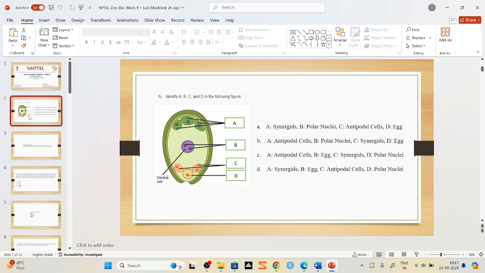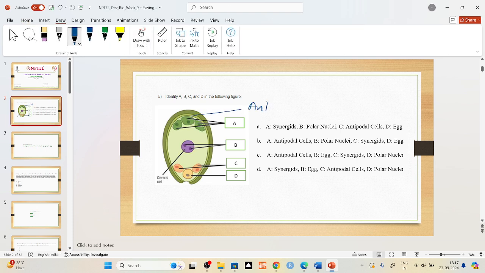So these are your antipodal cells. A is your antipodal cells. And these are your polar nuclei.